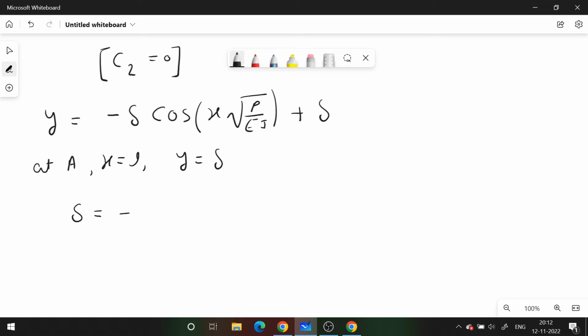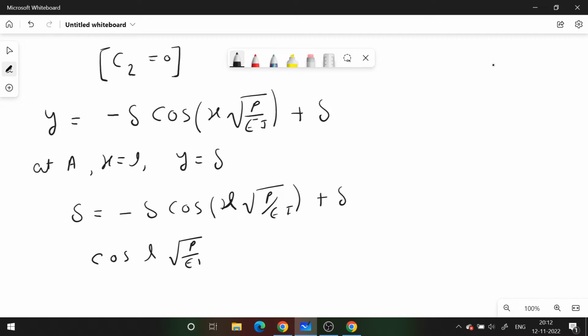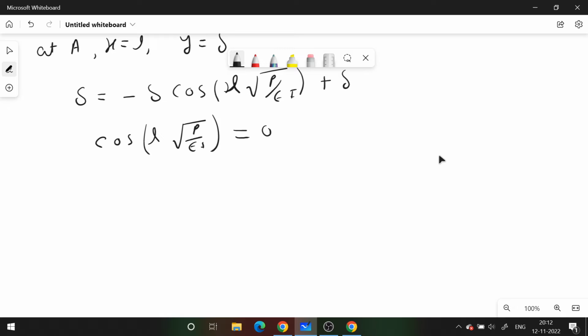So delta is equal to minus delta cos L under root P upon EI plus delta, or cos L under root P upon EI is equal to 0. Cos theta is equal to 0 when theta is equal to pi by 2, 3 pi by 2, and so on.